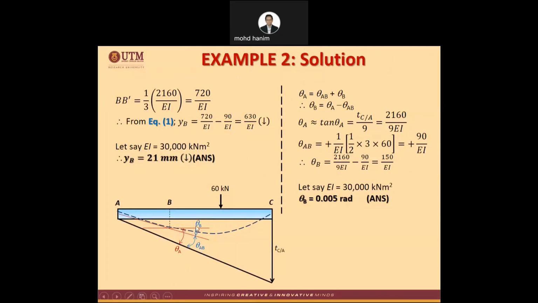This is again a trigonometrical relationship.